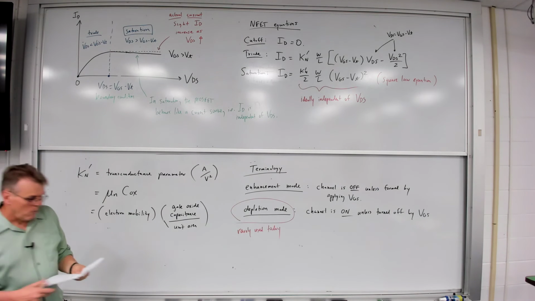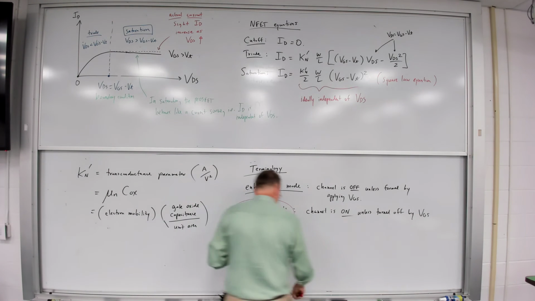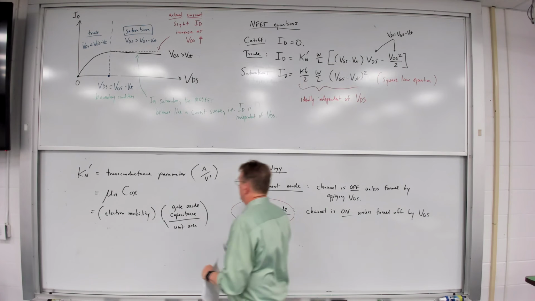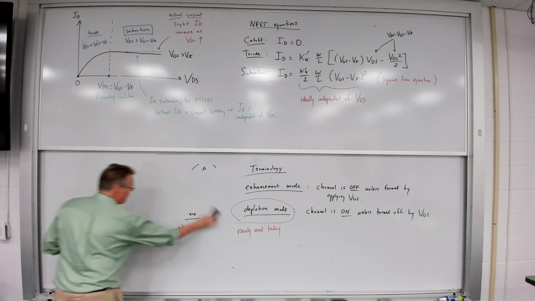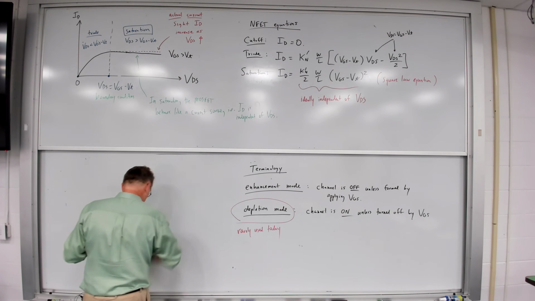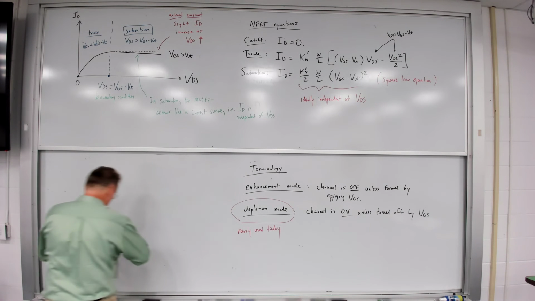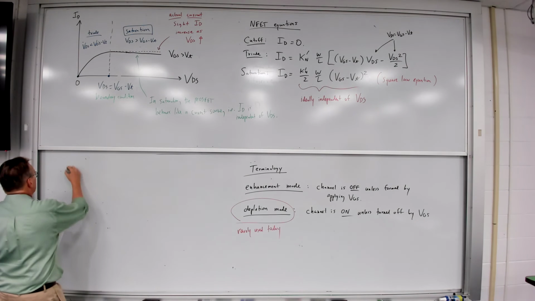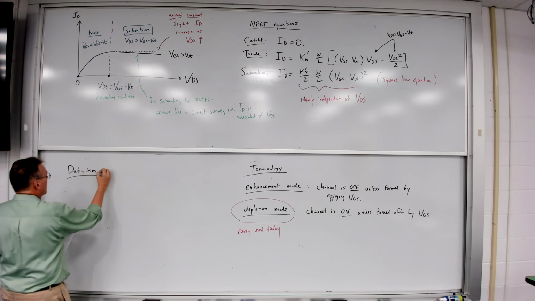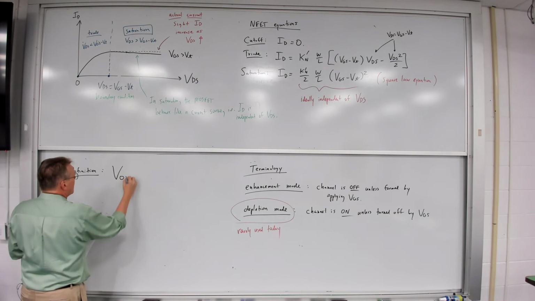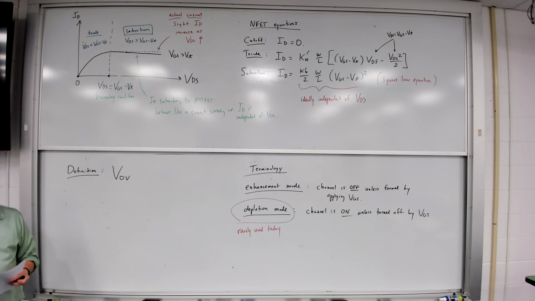Let's do some more equations, more definitions before we go any further. Another definition: V sub OV. That is the overdrive or effective voltage of the MOSFET.